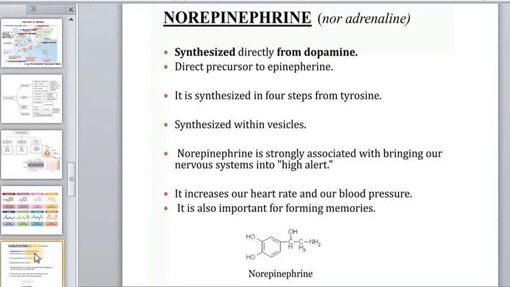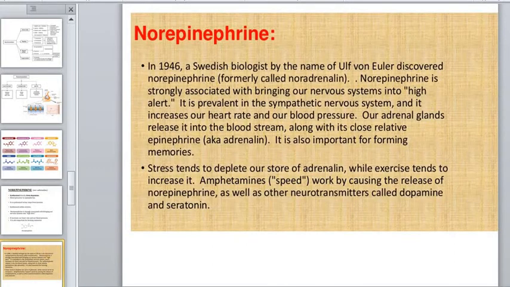For example, norepinephrine, or you hear adrenaline. Adrenaline is a primary hormone released by the adrenal gland, but some neurons may secrete it as a neurotransmitter and increase heart rate and blood flow, leading to a physical boost and heightened awareness. It's produced during stressful or exciting situations. The next one, almost the same, norepinephrine.